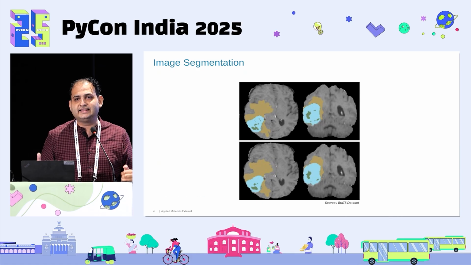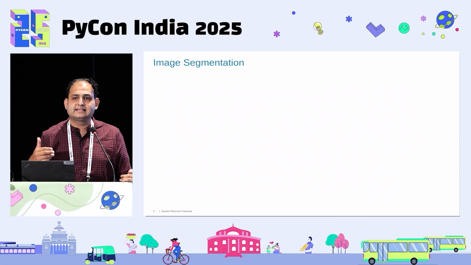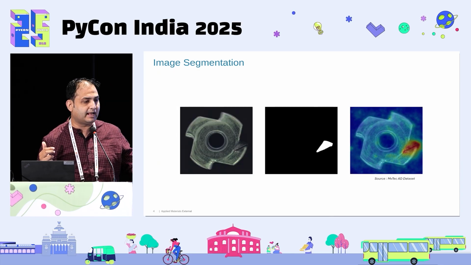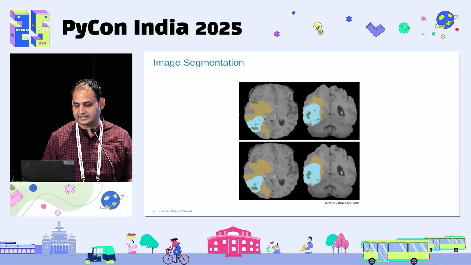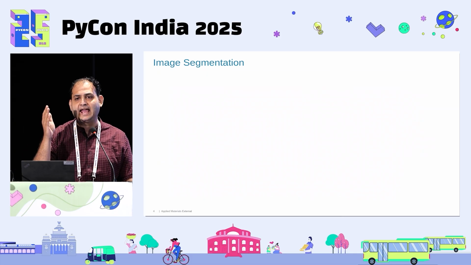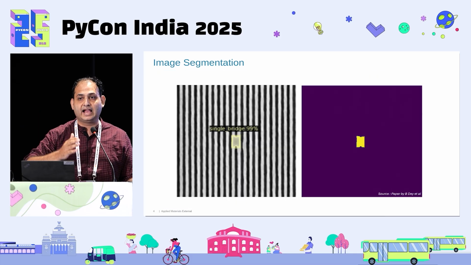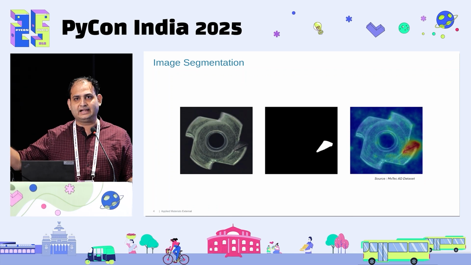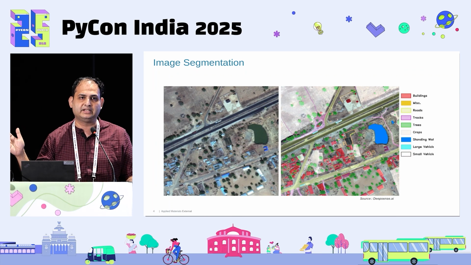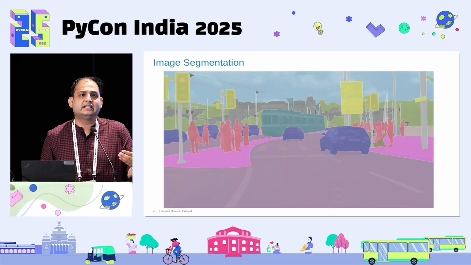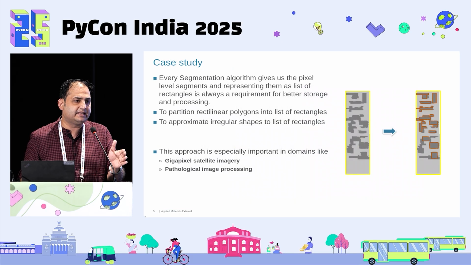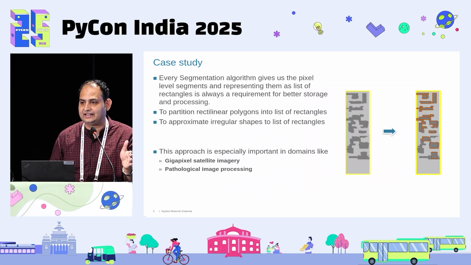Now, when this image segmentation happens, to process these segmentation maps, the ones you are seeing on the screen right now, the output is a segmentation map as big as the input image. And when I'm talking about handling gigapixels of data, it is impossible to save the segmentation map. So the next problem is that I want to convert the segmentation map into a list of rectangles.